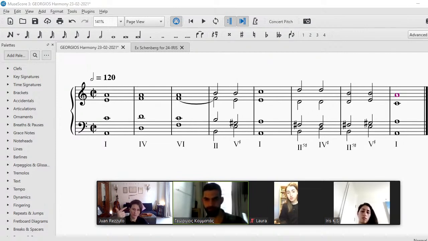So we have the root, the third. The root because it gives the identity to the chord. The third because it gives you the mode. Now, which is the next note we cannot omit in a seventh? For that, I would say the seventh. Yes, because if not, it's not a seventh. It would be a triad. So the only note that we have left is the fifth. As for the major and minor.